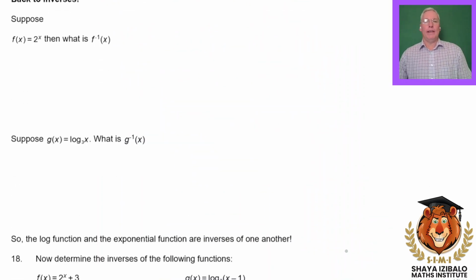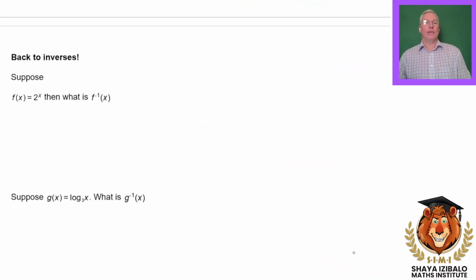We're going to dive back into our study of inverses. Suppose we've got the function f of x equals 2 to the x. What's the inverse function? Let's remind ourselves what to do. The first thing we do is write down y equals 2 to the x. Then we swap x and y around.